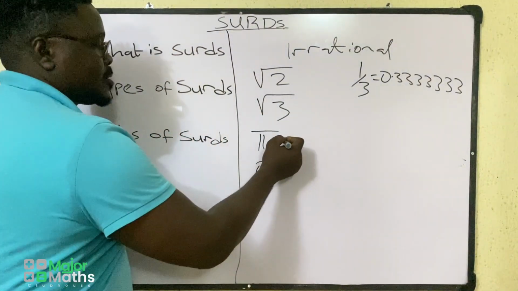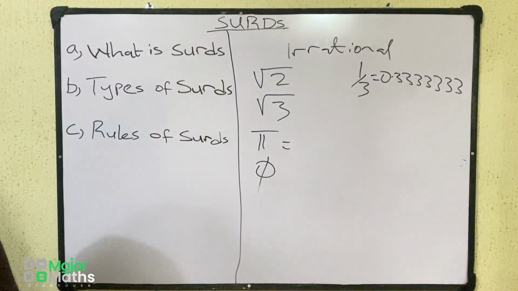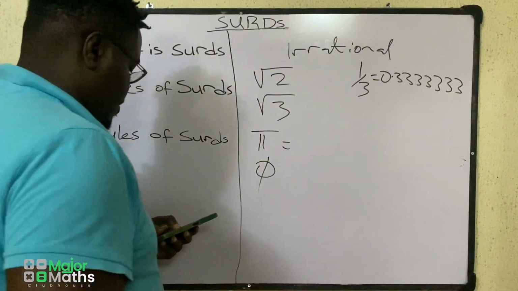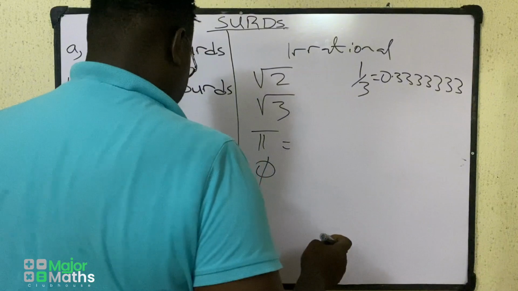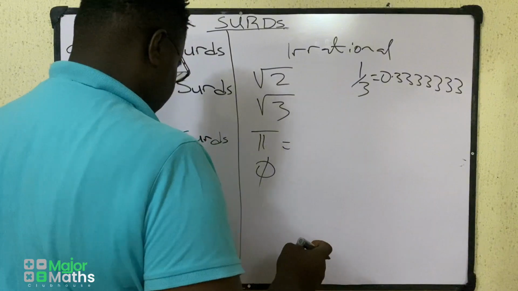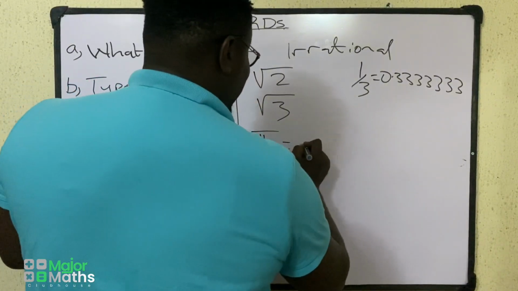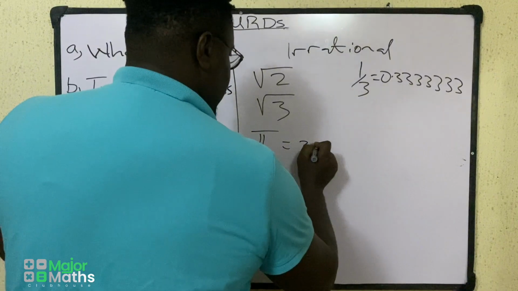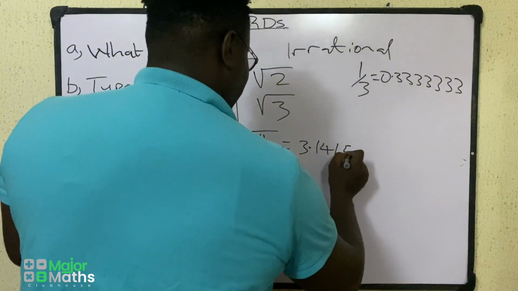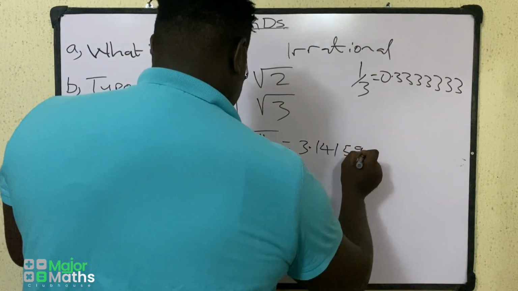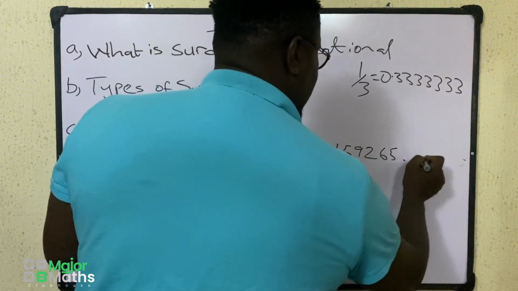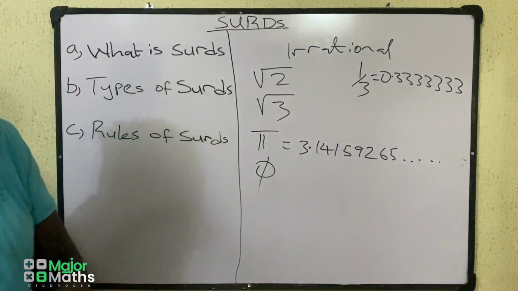Meanwhile, for something like pi, pi is 3.14159265, and it continues with no pattern.